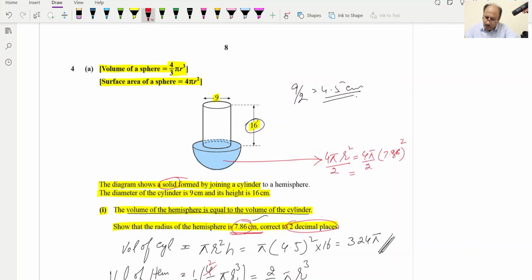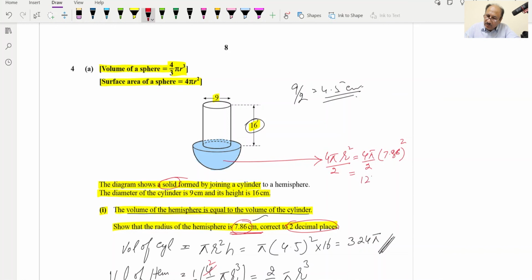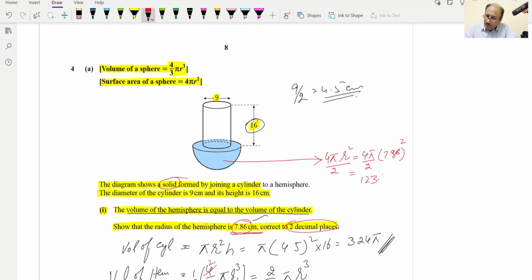So we divide this by 2, and this is equal to 123.55 pi. This is the surface area of the hemisphere, which is the curved surface area, you can say.